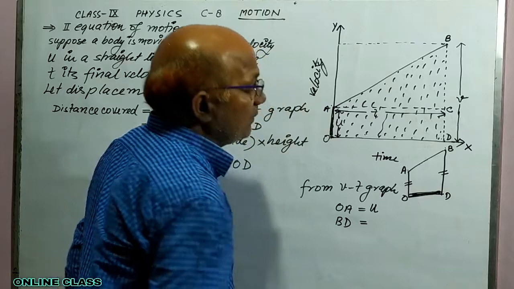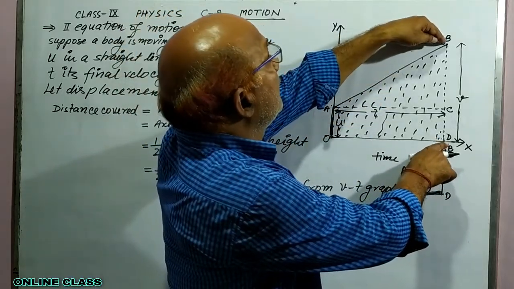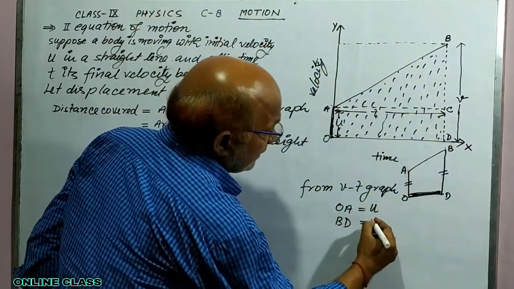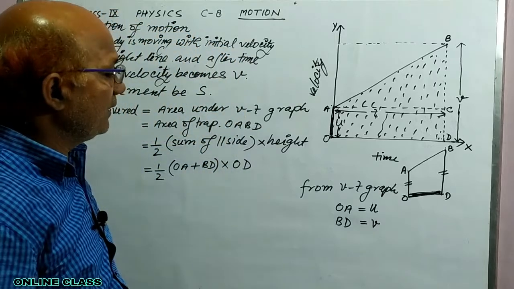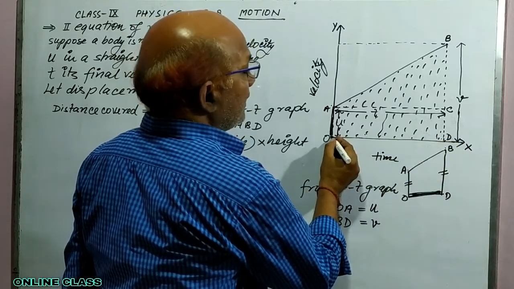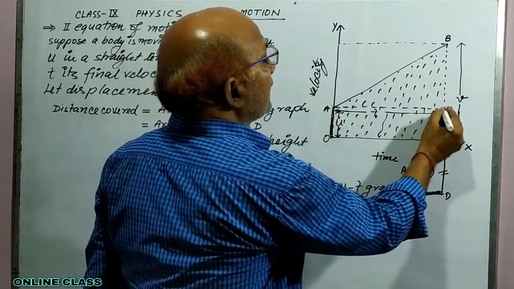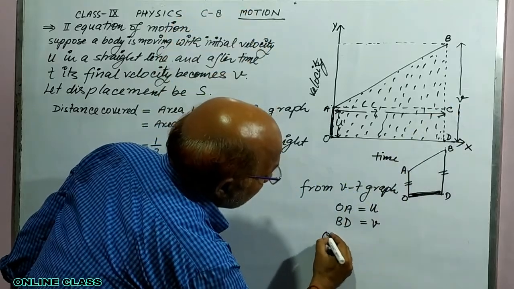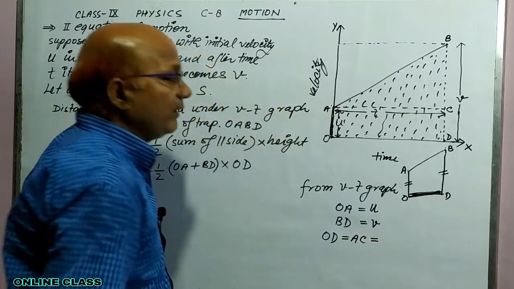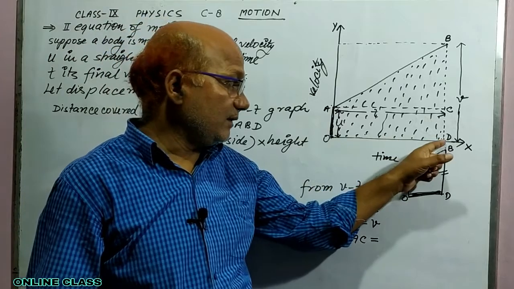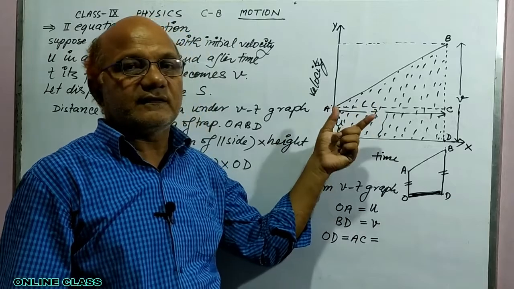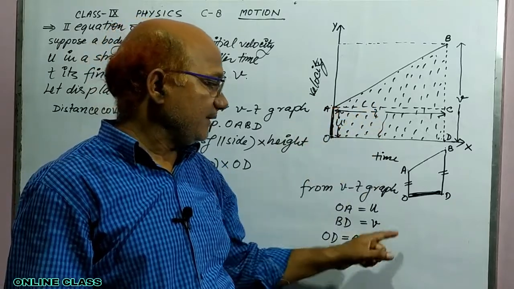BD represents the final velocity, it is v. Okay. And now you can see OD. OD is equal to AC because this is a rectangle. So it represents time.